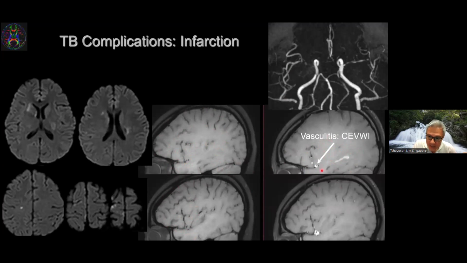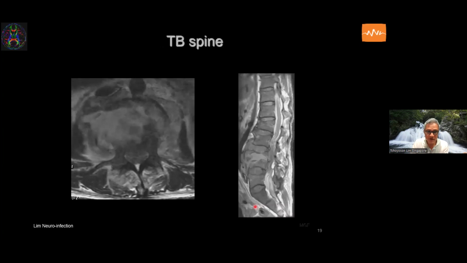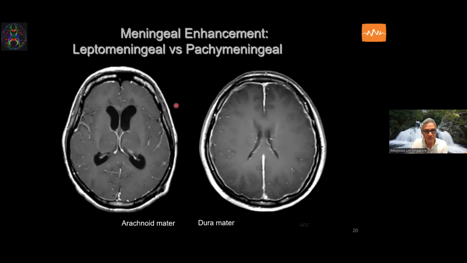And after contrast enhancement, we'll note that the middle cerebral artery wall shows irregular, eccentric, abnormal contrast enhancement of the wall. And this is an example of direct visualization of the vasculitis causing infarction. And don't forget, of course, the spine in TB can be affected, as well as giving rise to psoas abscesses.